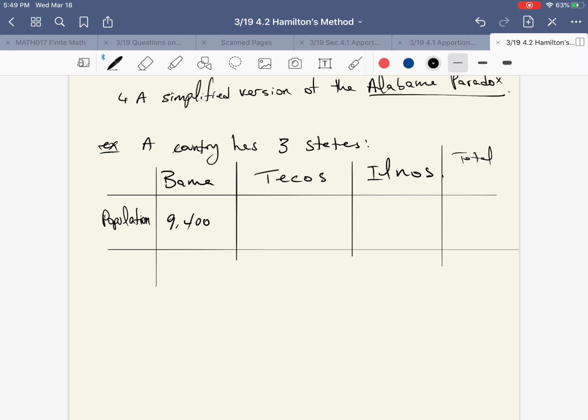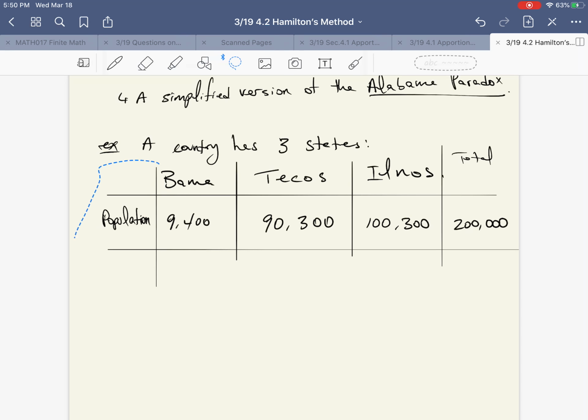We'll say that the population of Tecos is 90,300, so a good bit bigger. And of Illinois, we'll say it's 100,300. And so in total, this country has 200,000 people.